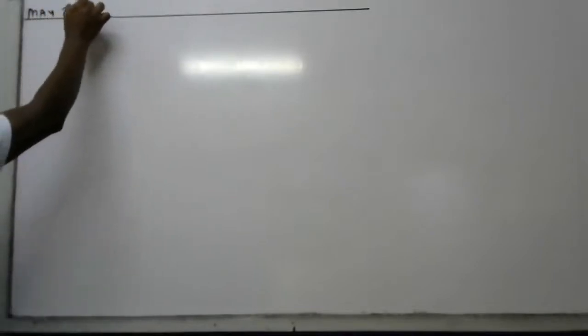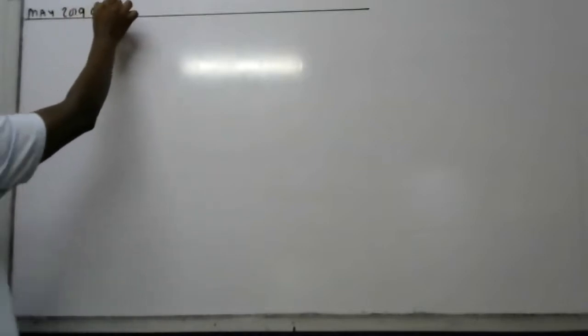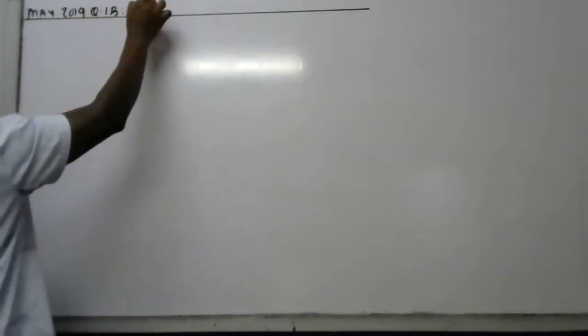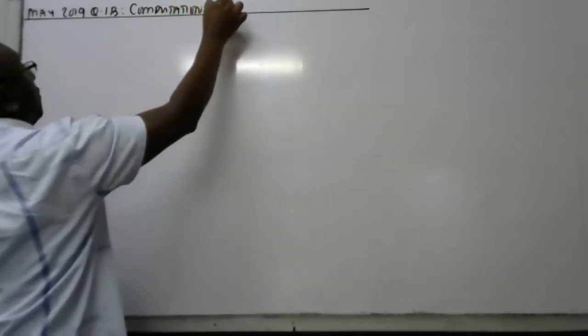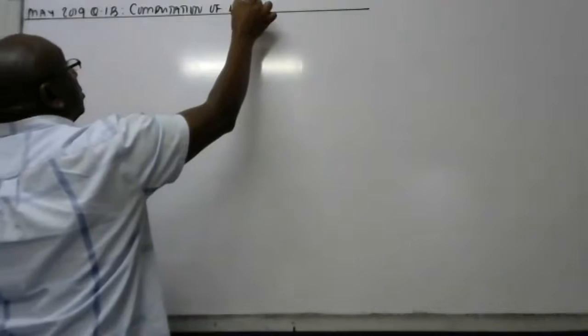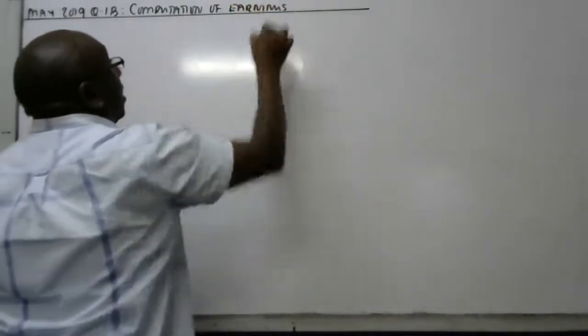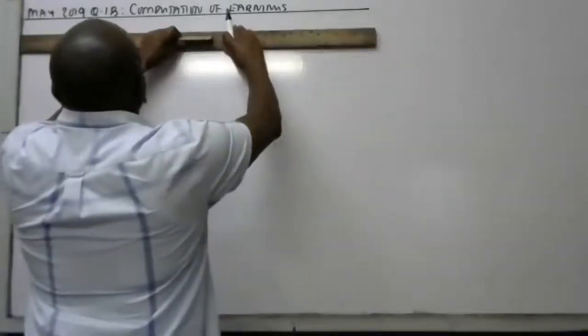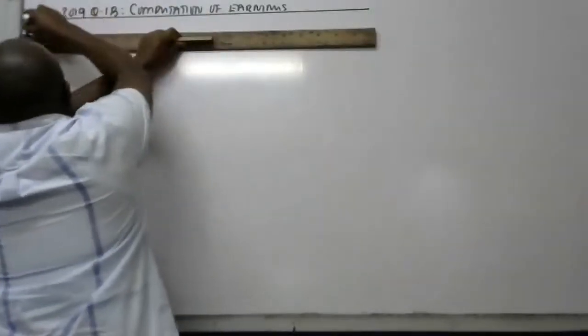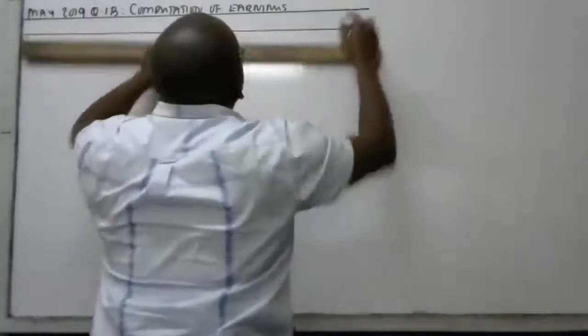So once again, the question is May 2019, question 1B, and is about computation of earnings.